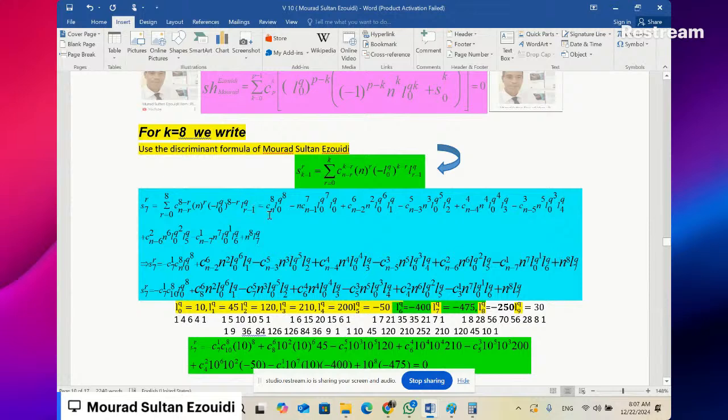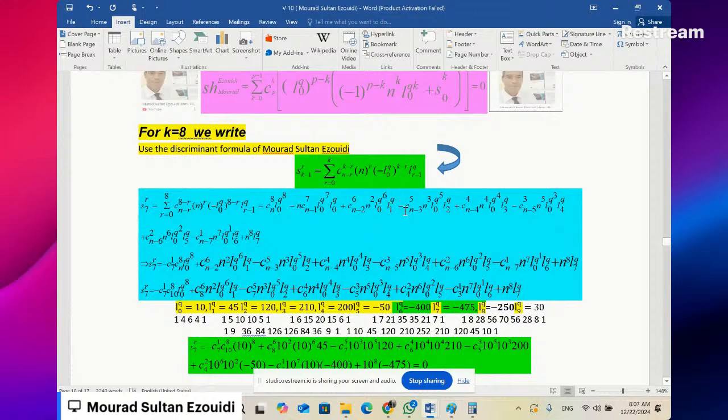When r equals 0, it will be combination n choose 8, and 0.2 raised to the power 8. When r equals 1, it will be negative combination n minus 1 choose 7, and 0.2 raised to the power 7 times n 0.2. When r equals 2, it will be plus combination n minus 2 choose 6, n squared, and 0.2 raised to the power 6 times 1.2.